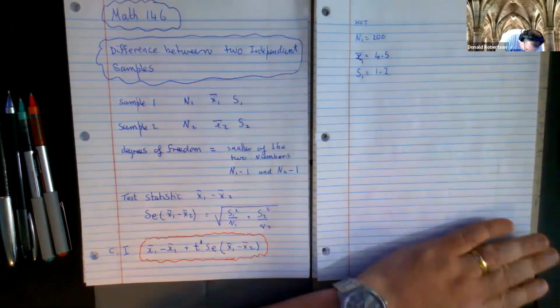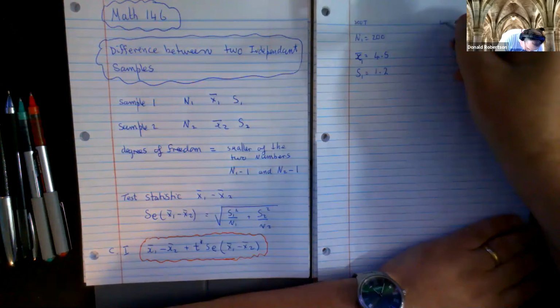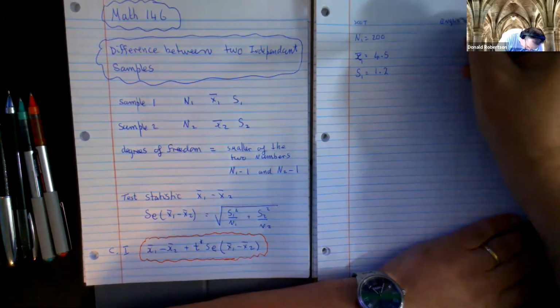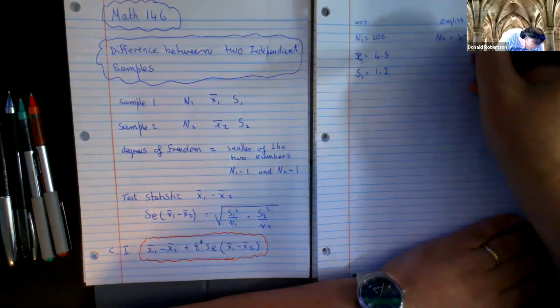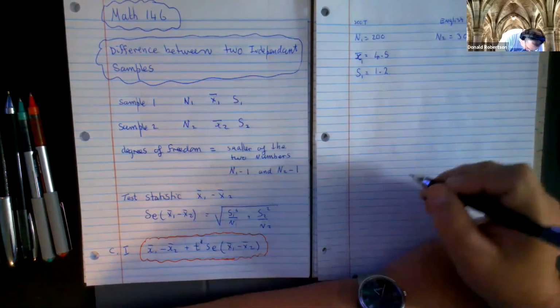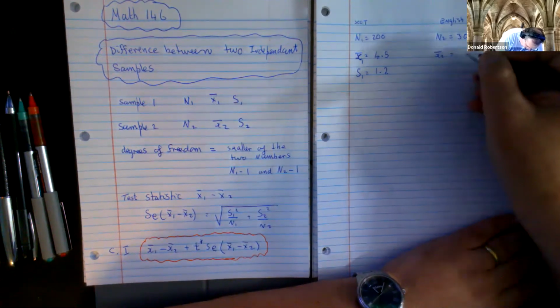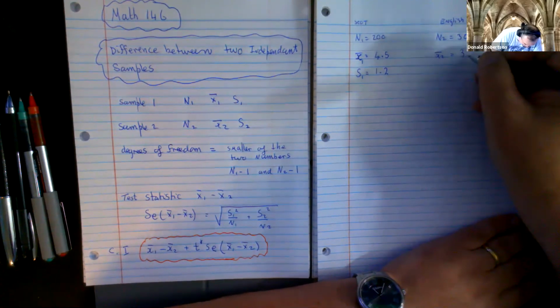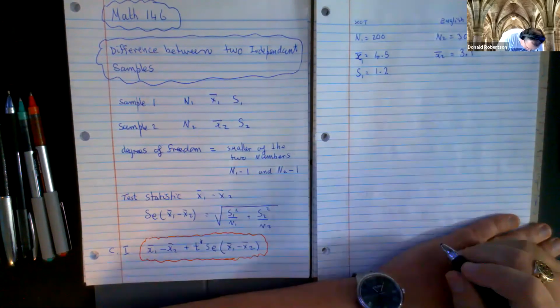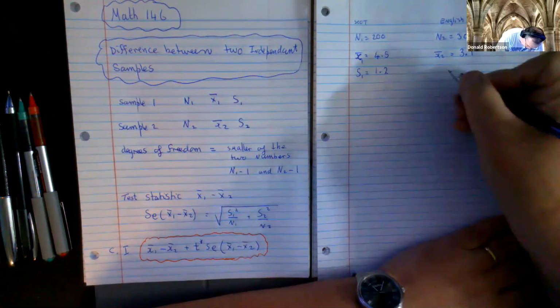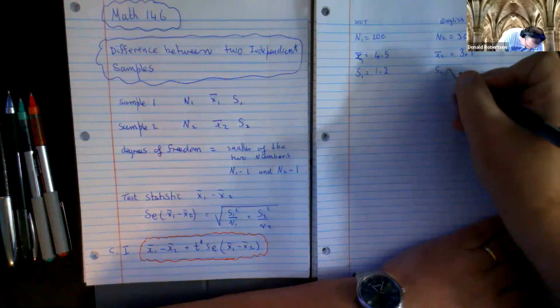And they compared it against the English, and in this sample there were 300, and the average number of days that the English went out drinking for adult males was 3.1, and the standard deviation was 0.8.